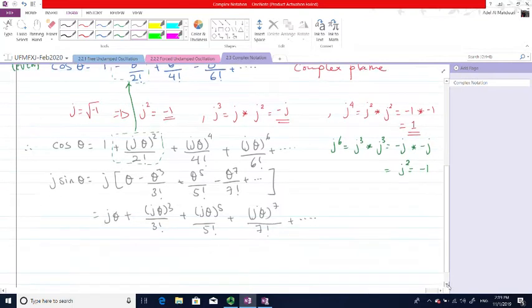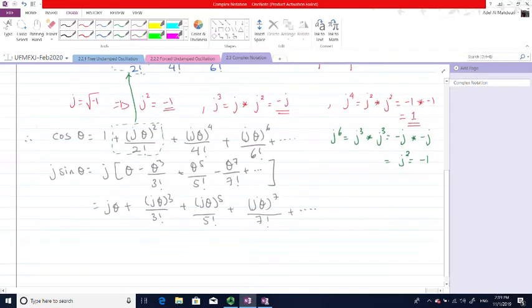So now we have the two terms, the real term and the imaginary term of the complex number z. If we add them together, what are you going to get?